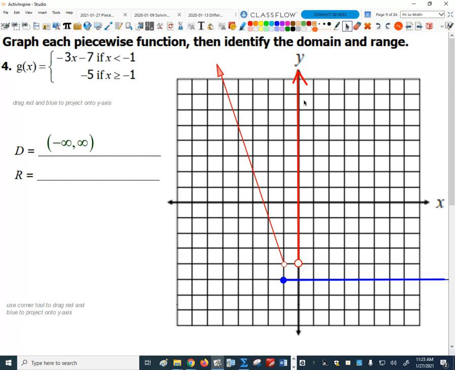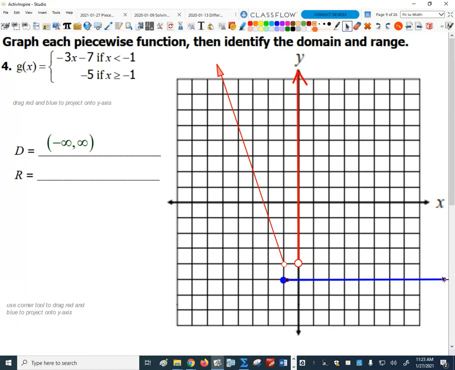Okay, so there's the projection of the red piece onto the y-axis. What's the projection of the blue piece going to look like when I squish the whole blue piece onto the y-axis? That's going to be kind of strange looking. Anahi, what's that going to look like? If I take that entire blue horizontal ray and squish it onto the y-axis, what do I get?